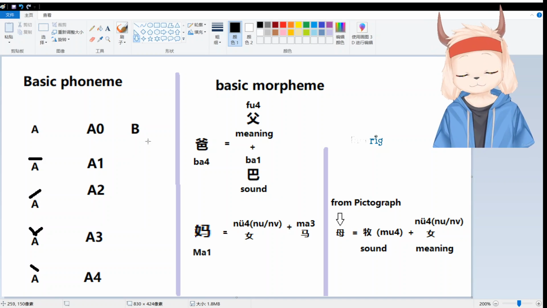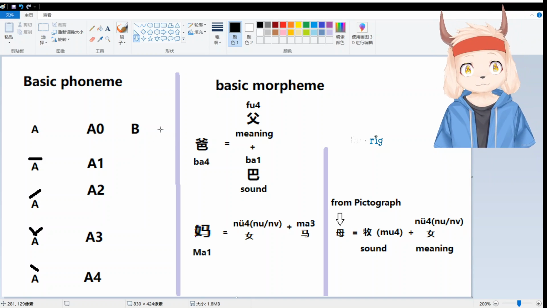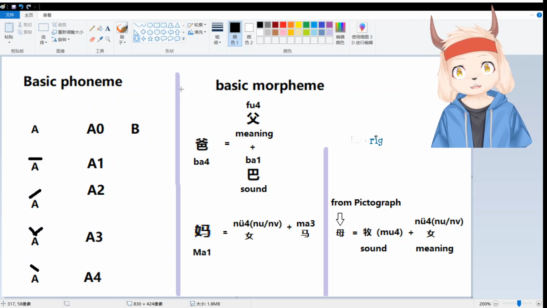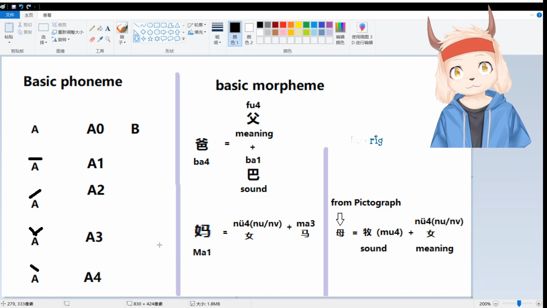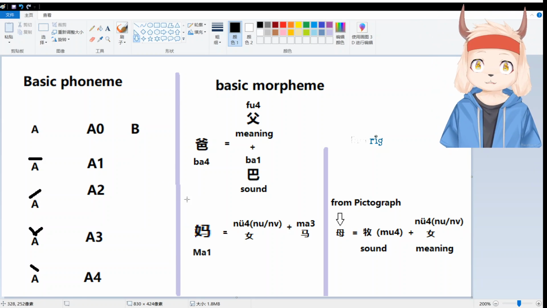There are lots of things that are somewhat hard to understand, and each of these characters has so much history.